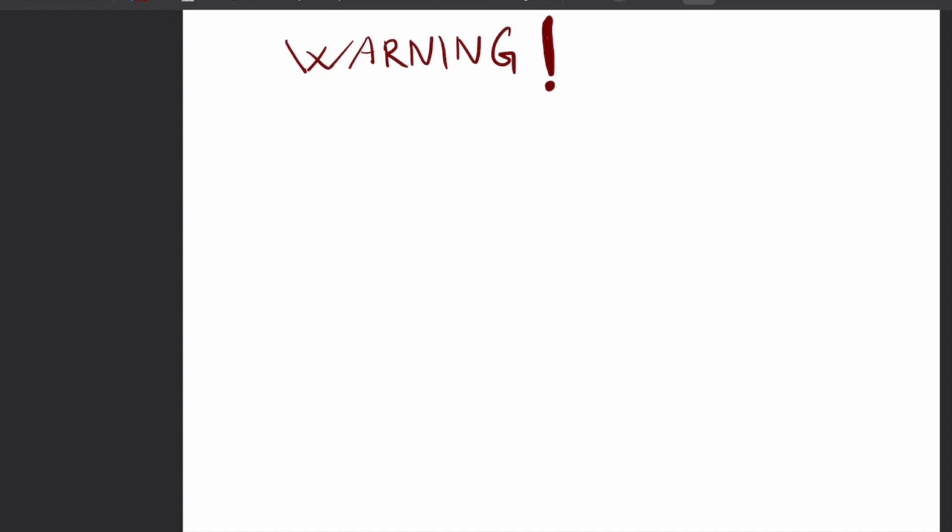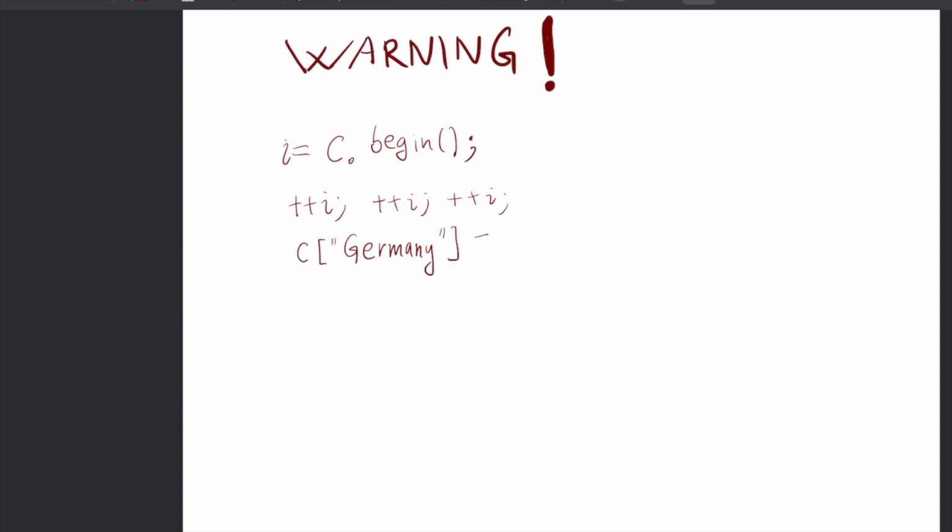After inserting and deleting, the iterators must be reinitialized. So I'm going to give you one example of a very dangerous code. And then you do plus plus I, that means you move to the next element. Maybe you do it again and maybe again, so you move 3 elements down the line.